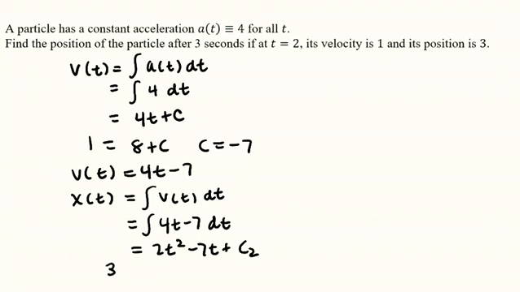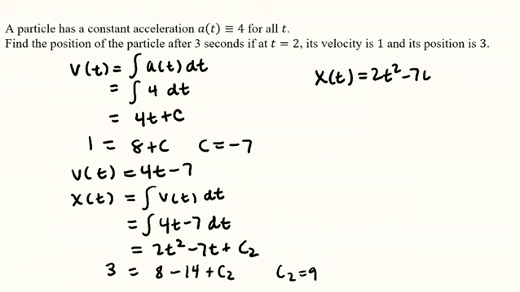So 3 equals 2 times 4 is 8, minus 7 times 2 is 14. And then I'm going to say, okay, so that's negative 6 plus c2 equals 3, so c2 will equal 9. So then I can say that the position function is 2t squared, negative 7t, and 9.